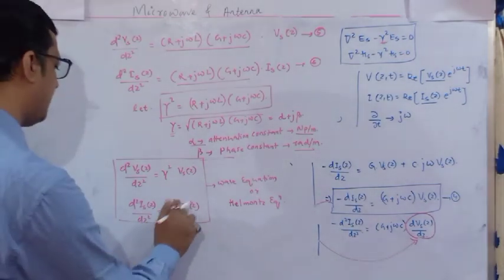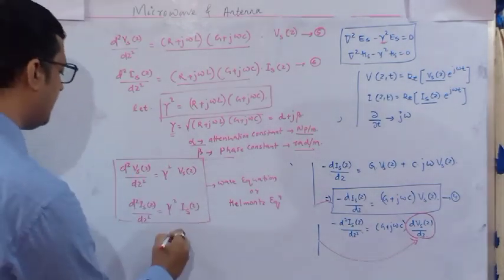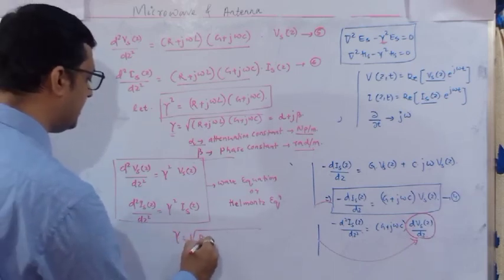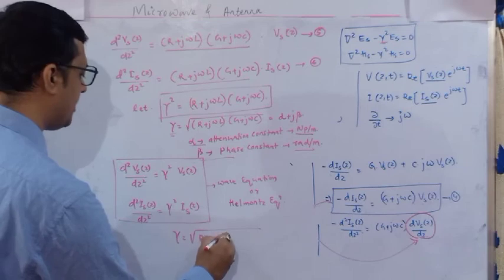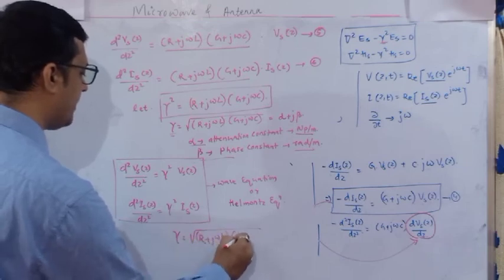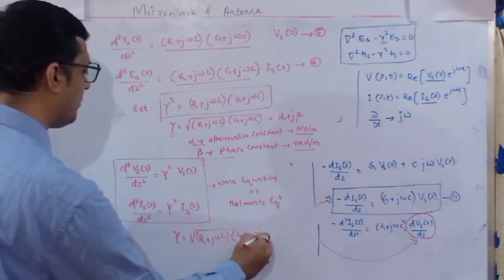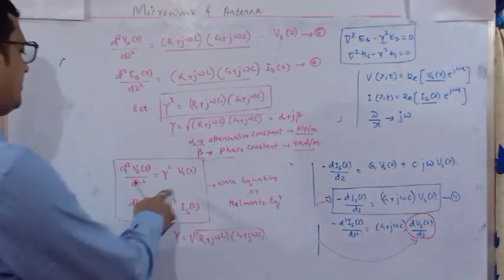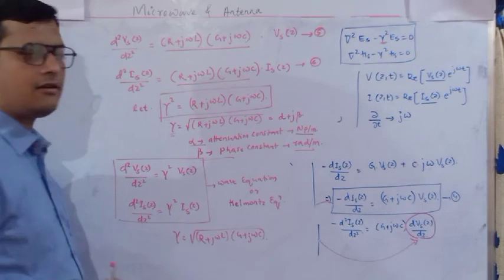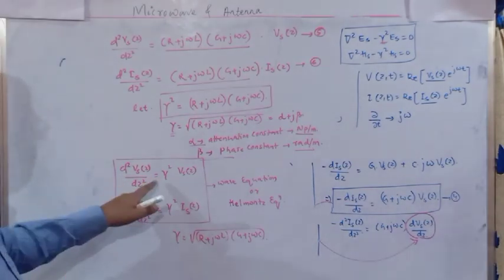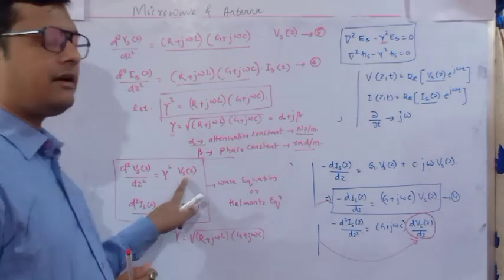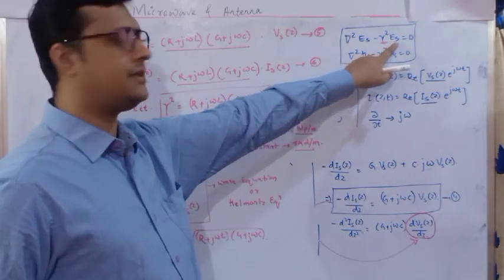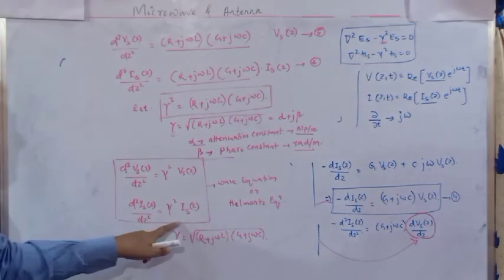Gamma we have already represented in terms of RLGC: R plus j omega L and G plus j omega C. So this is the propagation constant. Now these two equations are quite similar to the earlier ones, or not? Yes, it is similar. What is the difference? The difference is, earlier we represented in terms of Es, here in terms of Vs. Earlier in terms of Hs, here in terms of Is.